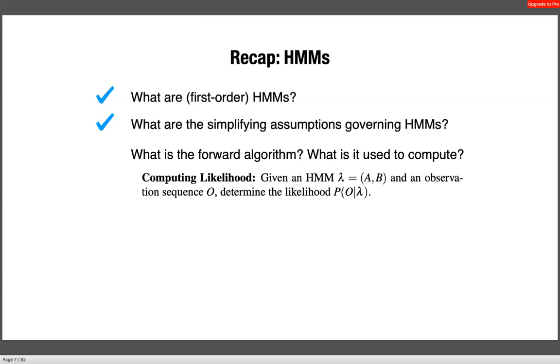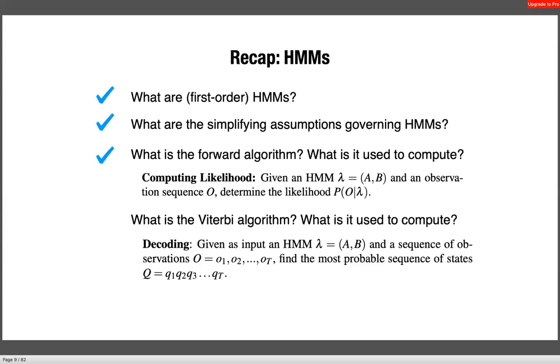We looked at two fundamental algorithms with respect to HMMs. The first is the forward algorithm, which is used to compute the likelihood of an observation sequence given an HMM, which is parameterized as two matrices A and B, where A denotes the transition probabilities in the HMM and B denotes the emission probabilities.